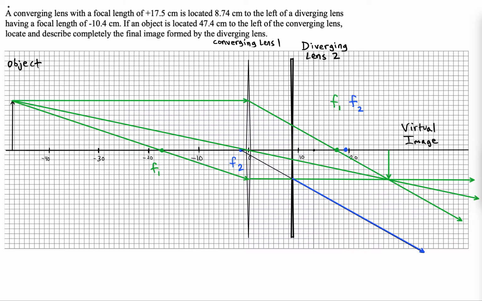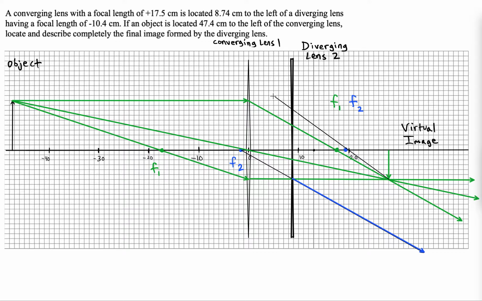So what else could I come up with? Well, you could do this. A ray which connects with the virtual image.